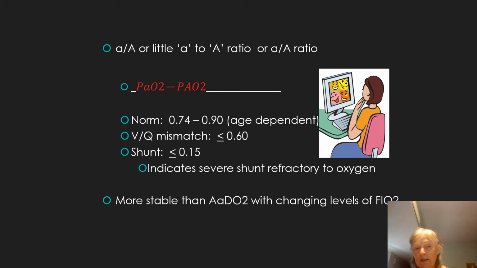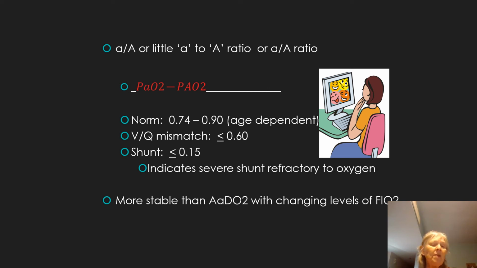And a shunt is anything less than or equal to 0.15. When you have a shunt that's less than 0.15, this is a severe shunt that's refractory to oxygen. If you remember, the word refractory means non-responsive, okay? So this is non-responsive to oxygen.